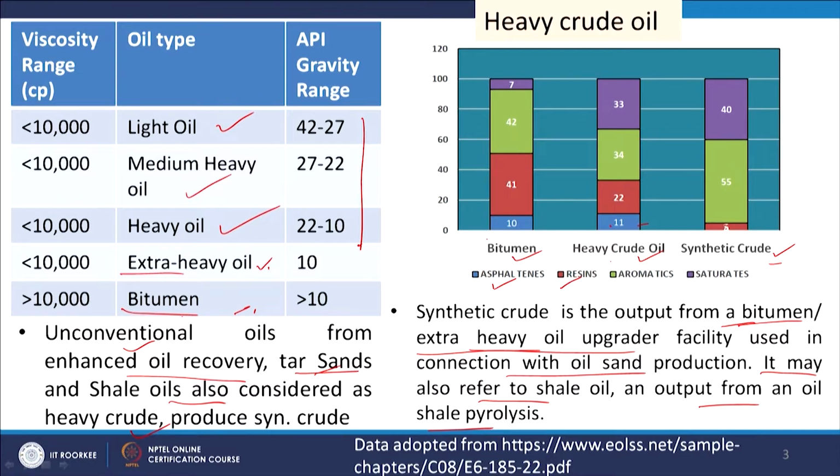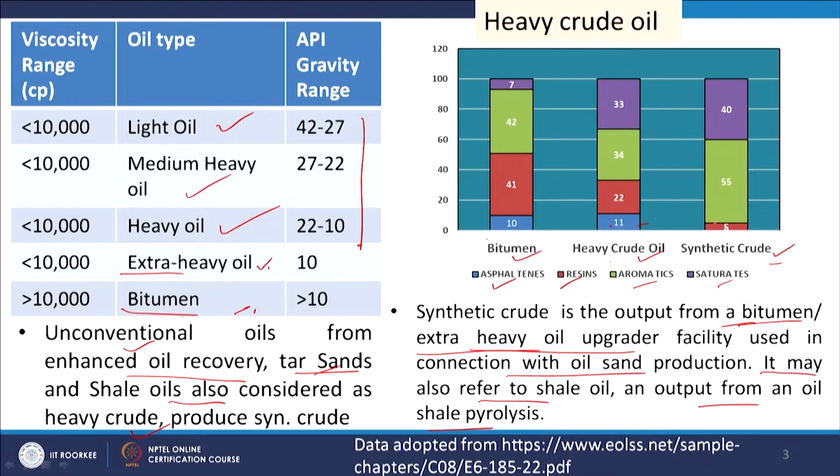Then resins are there and then aromatics and saturates. So, saturates are increased, aromatics are increased in case of syn crude with respect to bitumen and heavy crude. Then synthetic crude is produced that can be refined further. So, how we can get the synthetic crude?